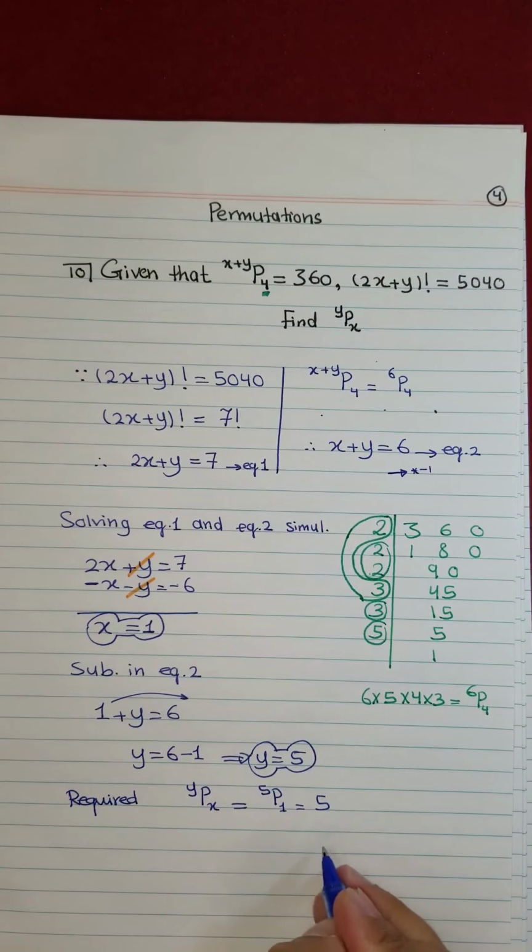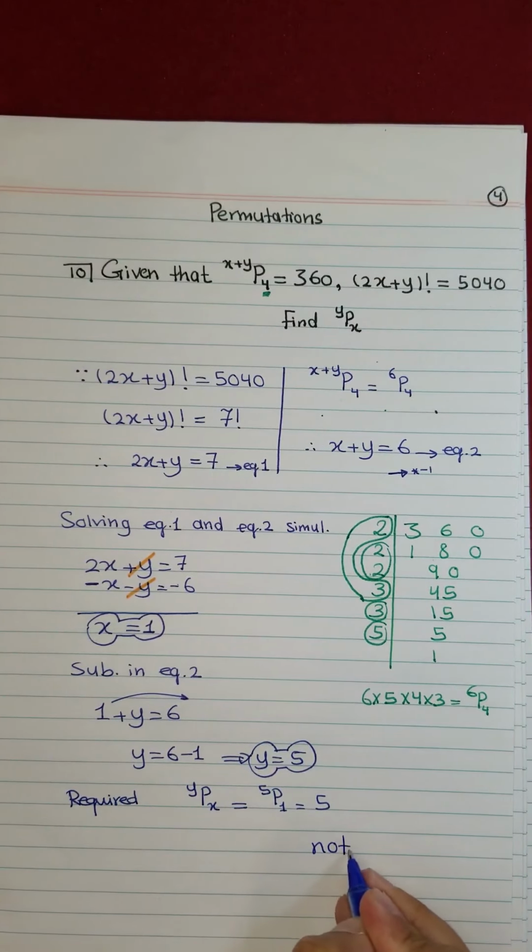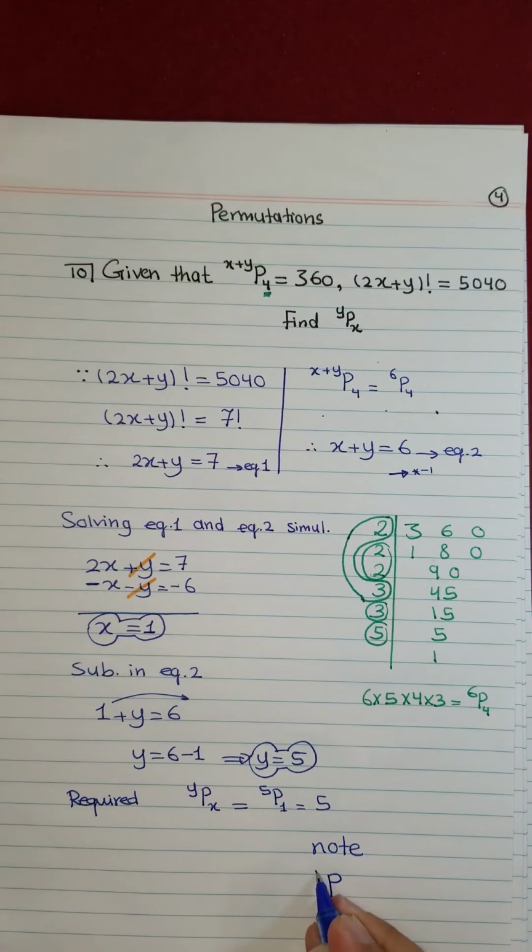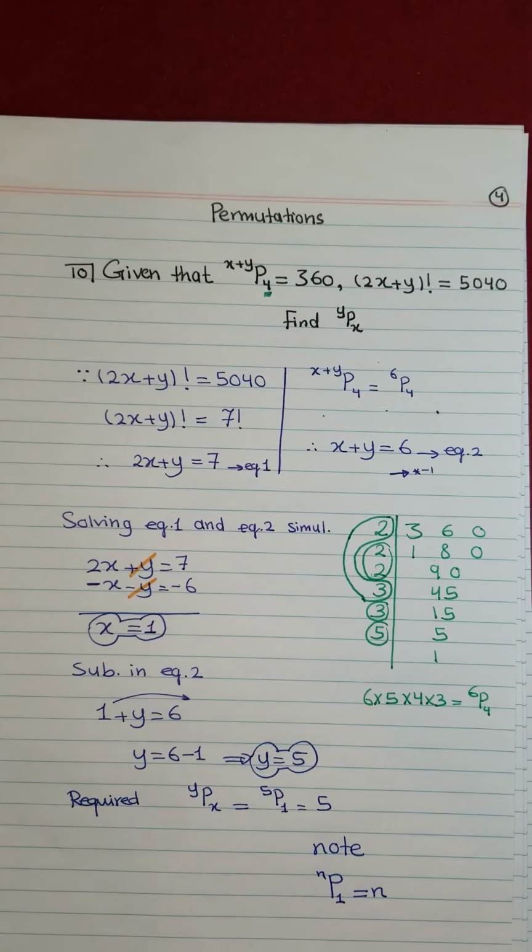Actually, this deserves a note. You can write a note here. Whenever you have a permutation of n elements and there is 1 here, so n permutation 1, the answer is always n only. Remember that n permutation n is n factorial, but n permutation 1 is n only.